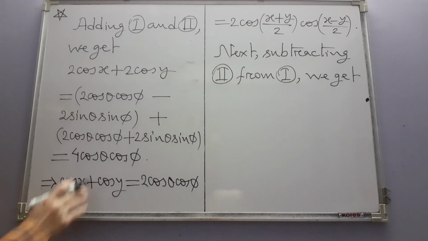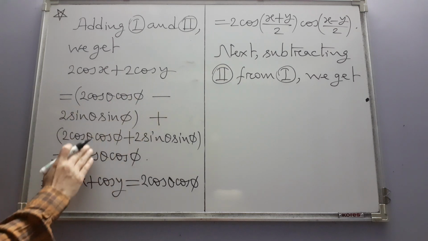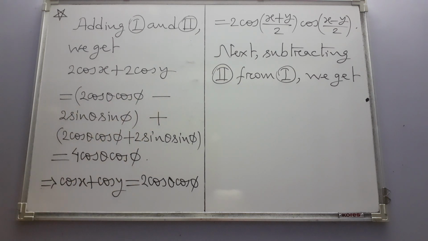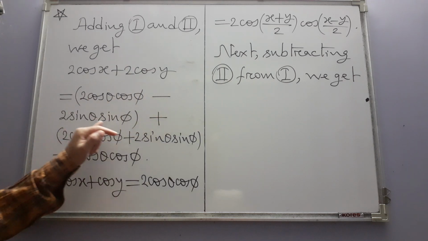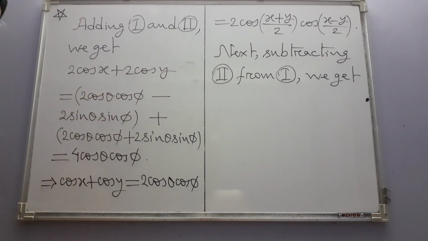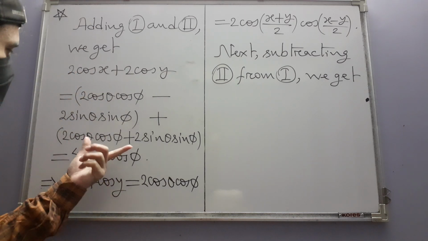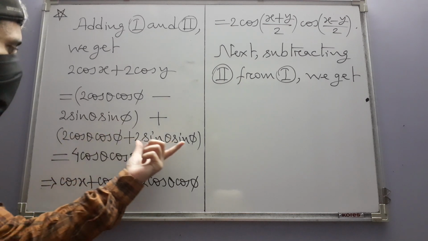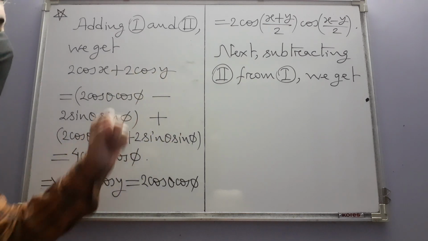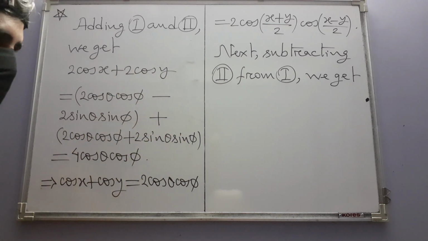Well, actually it's not that difficult because we have 1 and 2 here. So what was 1? 1 was this, 2 cos theta cos phi minus 2 sin theta sin phi equal to 2 cos x. And this was the second one. 2 cos theta cos phi plus 2 sin theta sin phi equal to 2 cos y.